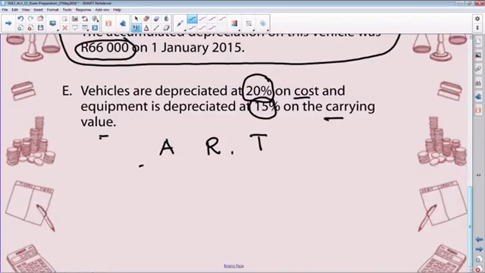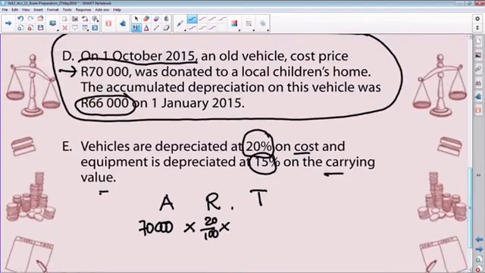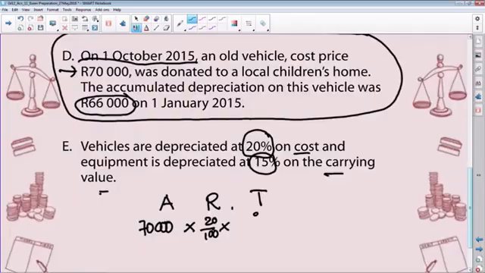The amount is 70,000. The rate of depreciation on my vehicles is 20% per annum. And the time component: this vehicle was disposed of on the 1st of October. That means, count now: January, February, March, April, May, June, July, August, September. 9 months, so 9 over 12. Why? Because it was on the 1st of October that we disposed of this asset.